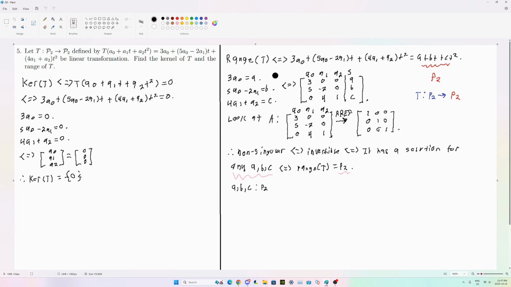Then for the range of T, we're basically going to set the transformation result equal to the space it's going to, which is P2. So we have some arbitrary P2 polynomial. The transformation is P2 to P2. I highlighted over here what you want to look at. After we do that, we're going to get 3 equations once again.